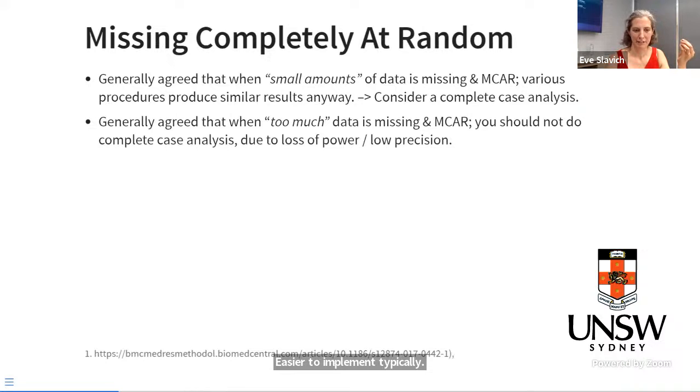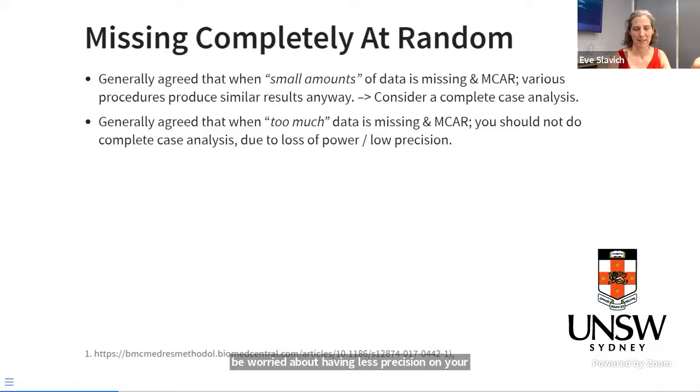But if you have too much data missing and it's missing completely at random, you still shouldn't do a complete case analysis, even though you'll get unbiased estimates, because you should be worried about having less precision on your estimates.